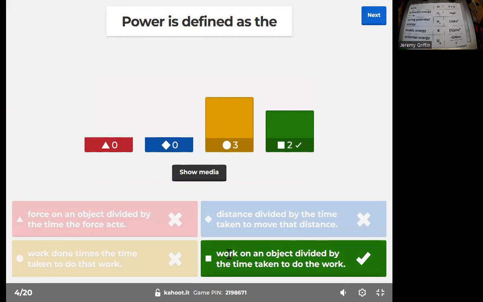So it's the rate that you're doing work. This goes back to the notes from the first or second day that we were doing this. So work divided by time, like energy per time. And the unit for that would be, well, energy is in joules, time is in seconds, so that'd be joules per second, also called watts, right?